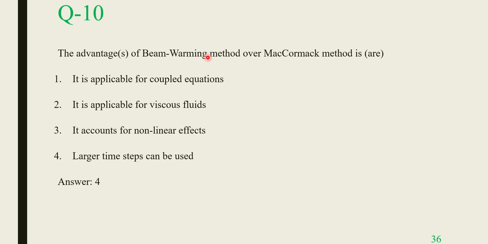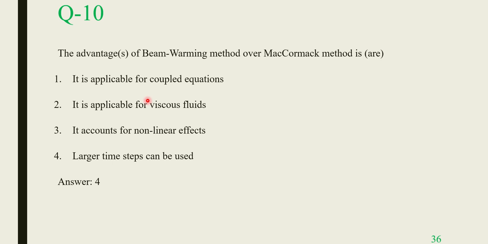The McCormick method is an explicit finite difference method, in which we use the Taylor series expansion, and it is a second order scheme. We go with a predictor and corrector two-step solution method, where in the predictor we find an intermediate value at the n plus 1th time step.